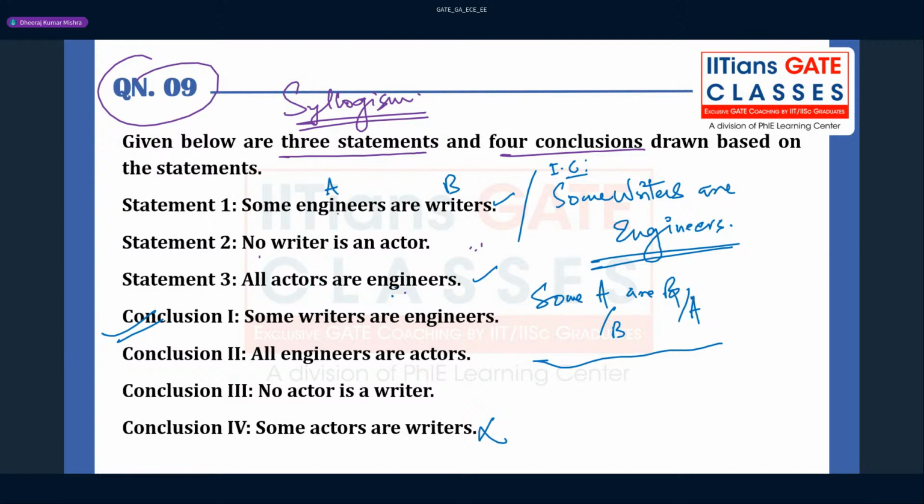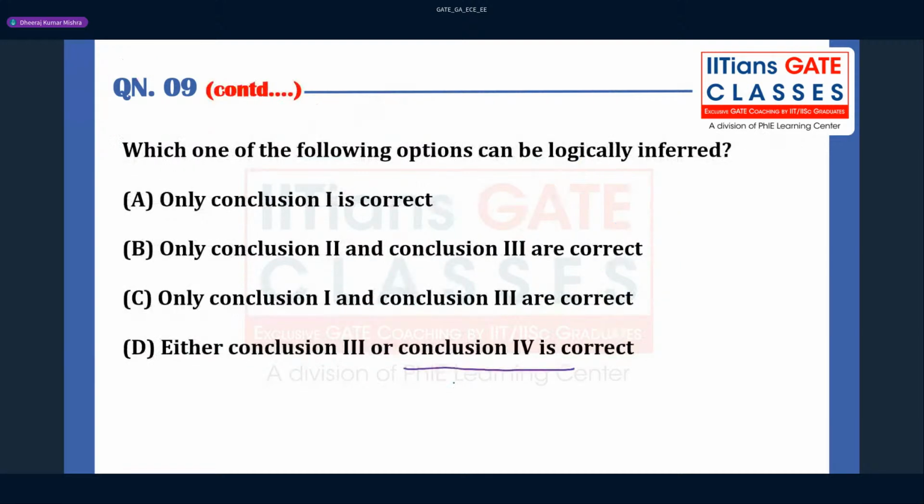The reason is both middle terms have got a cross. This is cross, and this is tick and cross. So the middle term, engineer, has got the cross, so the fourth option cannot be correct. Only conclusion 1 and conclusion 3 will be correct for this question, right?